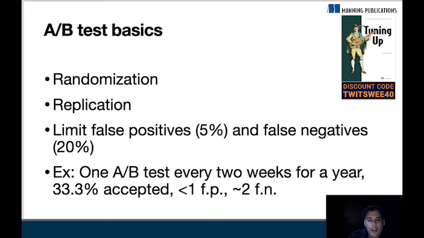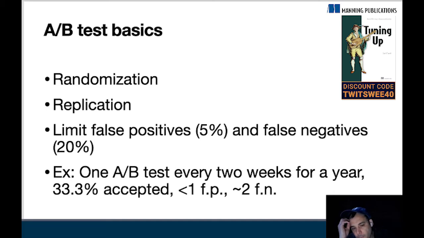Like, for example, I don't want to expose my new idea to all people of one gender or all people in one country, or I don't want to expose people to it always in the morning or always in the afternoon. I want to mix it up as much as possible to see whether version B is better than version A across the board in an arbitrary, unbiased way. So randomization is done to reduce bias.